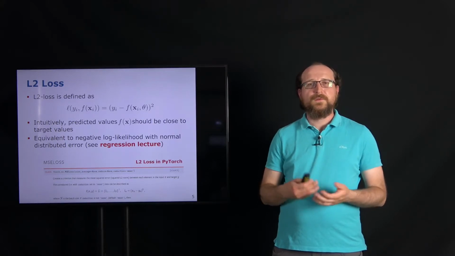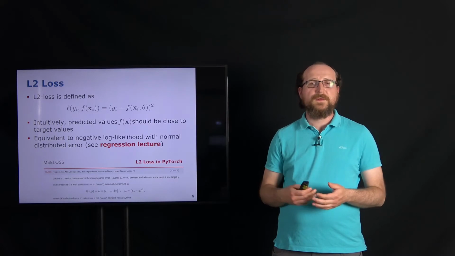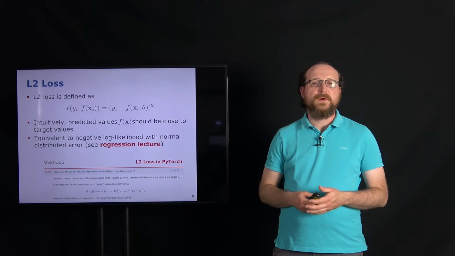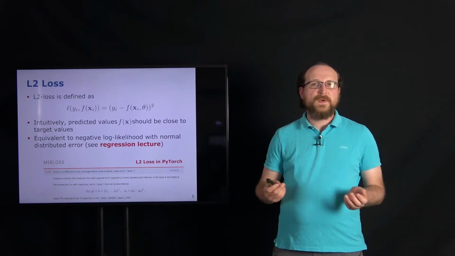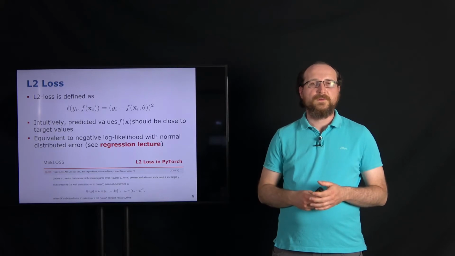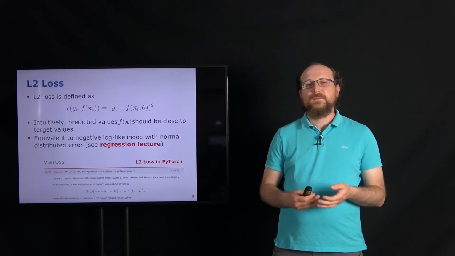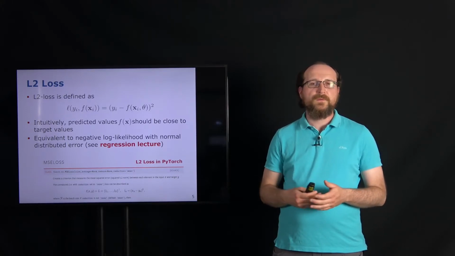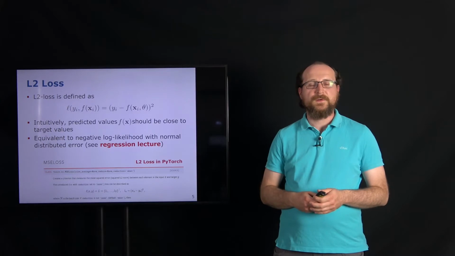Intuitively we want to get the output values of our function as close as possible to the target values, and the farther away we get from the target value, the higher the loss we incur. When you remember our regression lecture, this is equivalent to the negative log likelihood with a normally distributed error, as we had for linear regression.